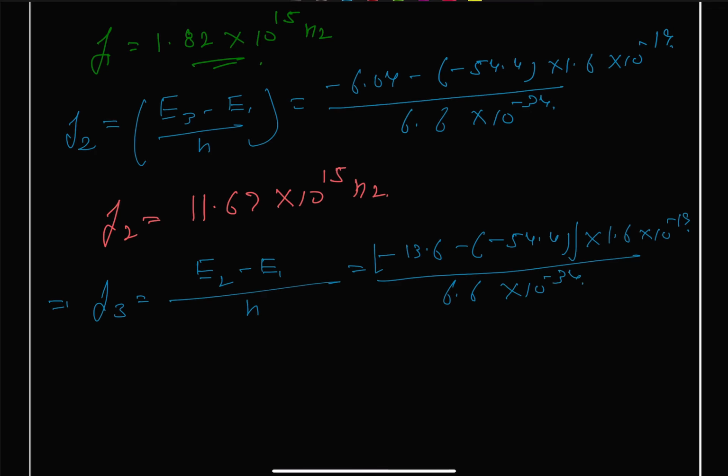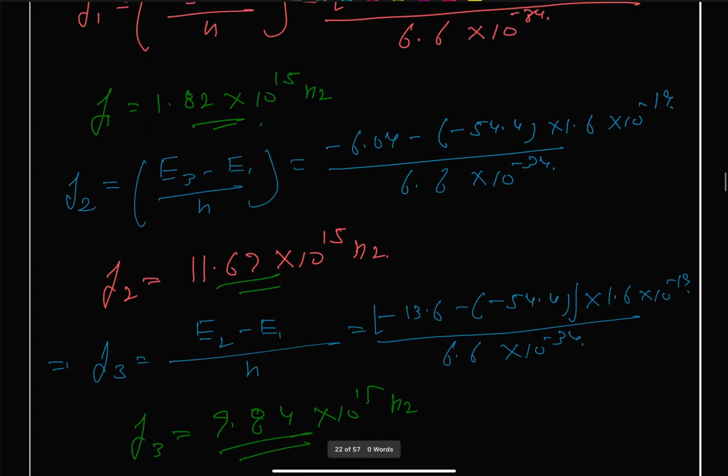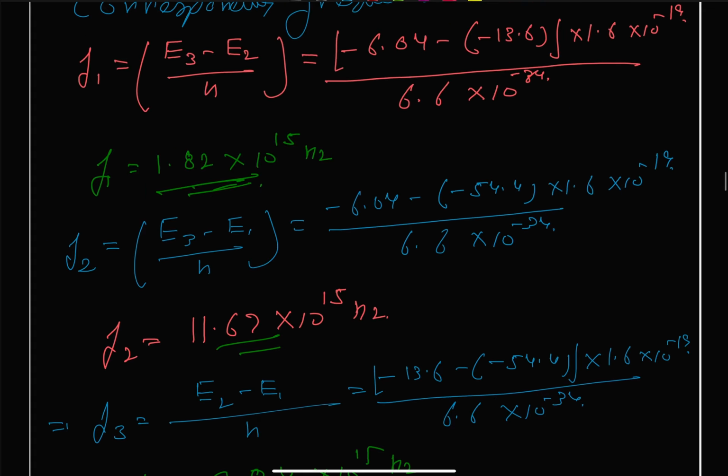So we get from here that our F3 will be equal to 9.84 into 10 to the power 15 hertz. So these three are the frequency values of the emitted radiation.